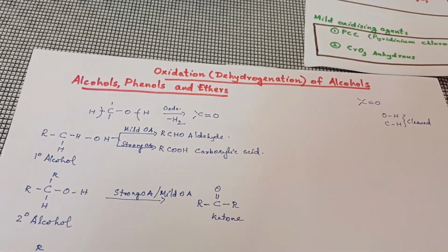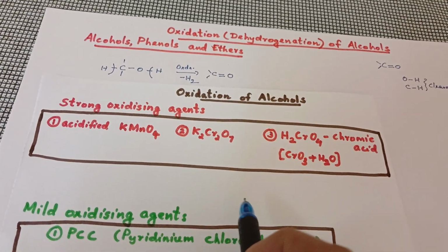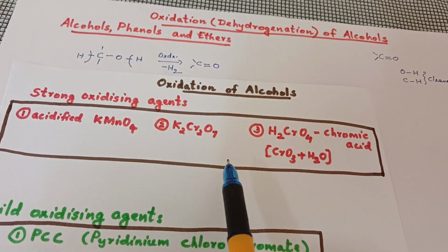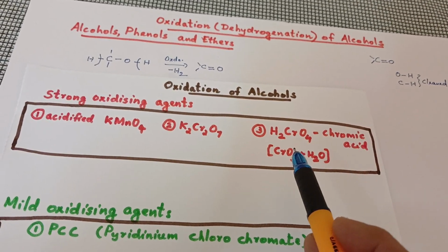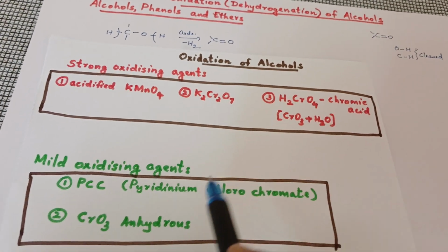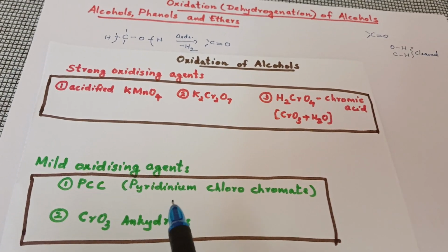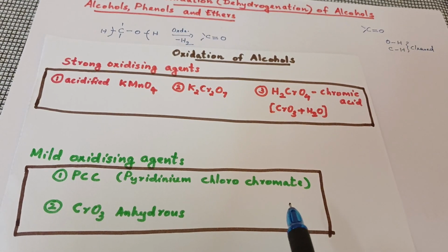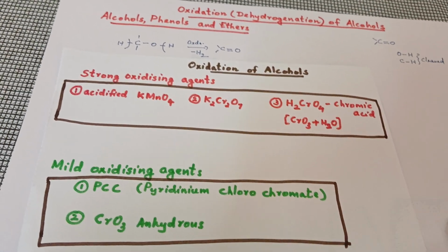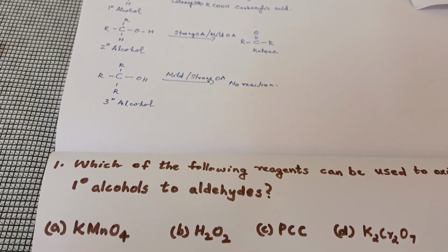And you have strong oxidizing agents like acidified KMnO4, K2Cr2O7 and chromic acid H2CrO4 or CrO3 plus H2O. Then you have mild oxidizing agents like PCC, that is pyridinium chlorochromate, or anhydrous CrO3. Now let's look at a few previous year questions.